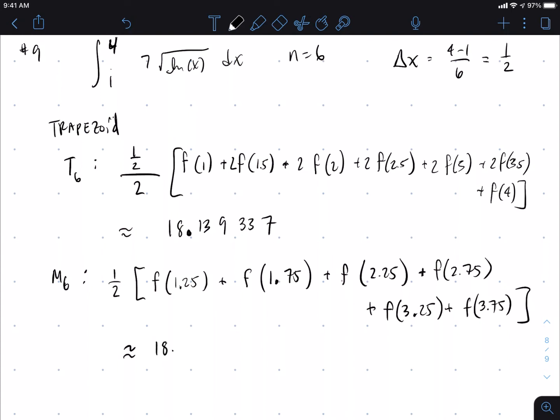It's 18.767319. Right? You guys should write down trapezoidal and midpoint rules and Simpsons.